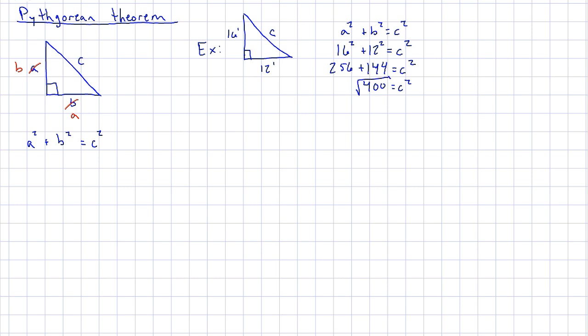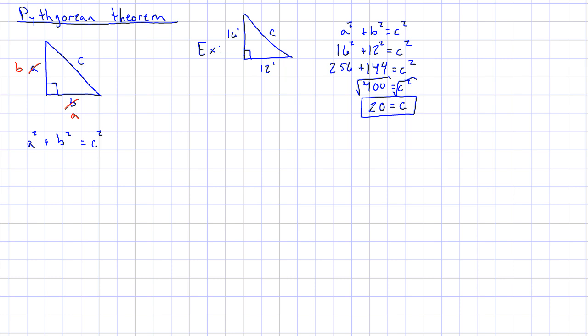So I'll do the square root of 400 and the square root of C squared, and I end up with 20 equals C. Now, depending on your class, when you take a square root, you may need to do plus and minus, because when you square something, two negatives also make a positive. But for triangle problems, when you're dealing with a side length, lengths are positive values. So the side length should be positive. So this is the missing value.